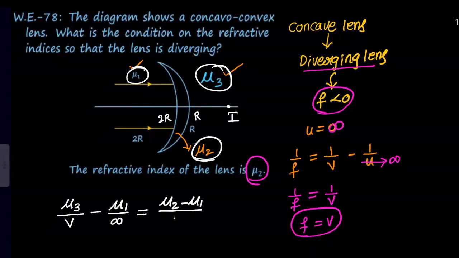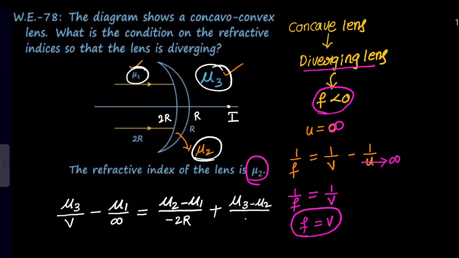R1 is how much? Minus 2R. Plus next, mu3 minus mu2 by R2.